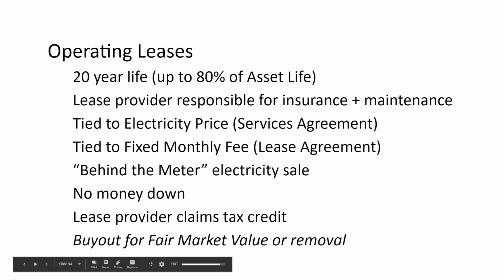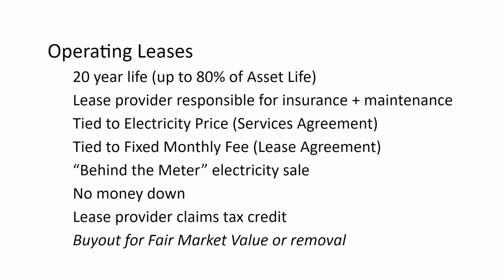Operating leases can be valuable. There are certain rules you have to abide by. The operating lease is up to, but no greater than, 80% of the life of the asset.